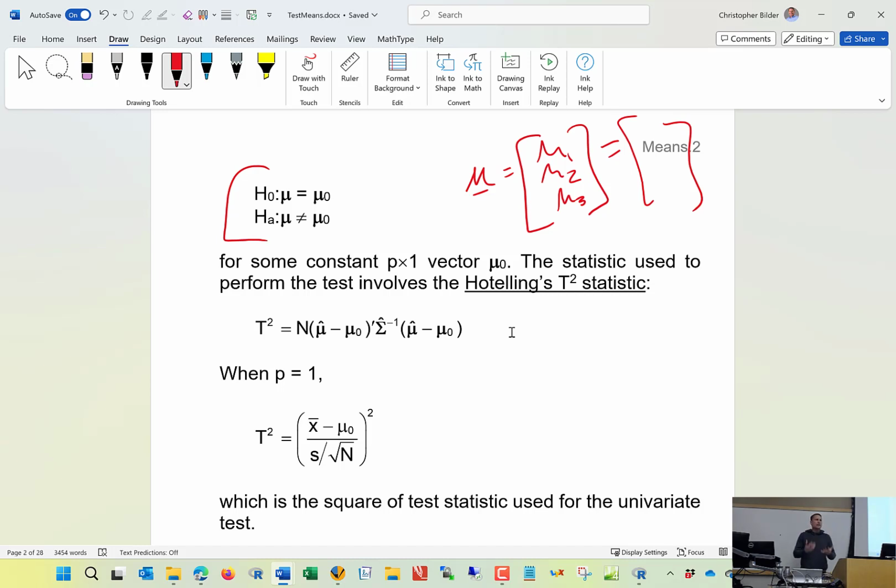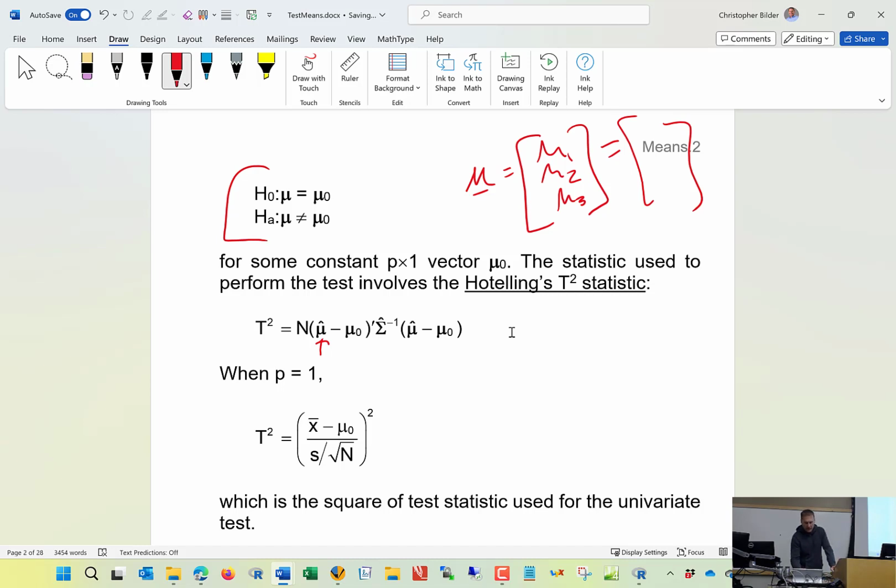Now, how do we go about doing this hypothesis test? Well, we have what's called Hotelling's t-square statistic. It's a very classic way to go about doing this, and it's intuitive too. This mu hat here represents the estimated mean vector. In other words, the sample mean for your first variable, over the sample mean for your second variable, over the sample mean for your third variable.